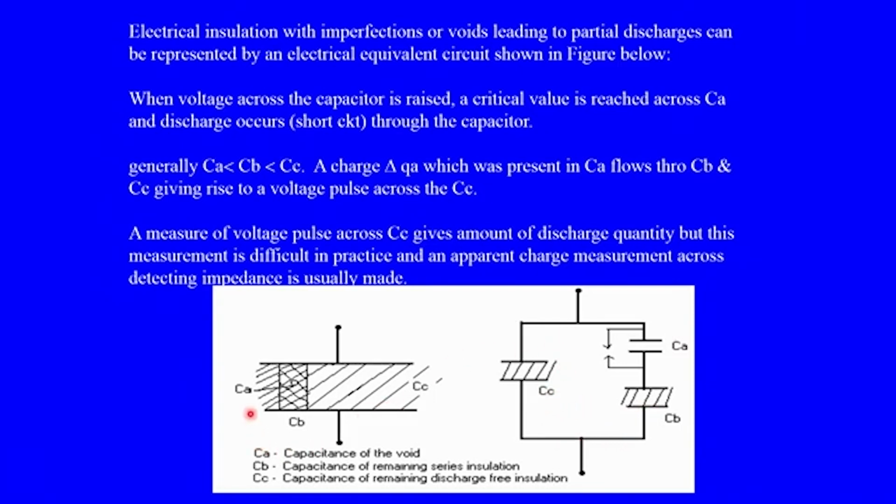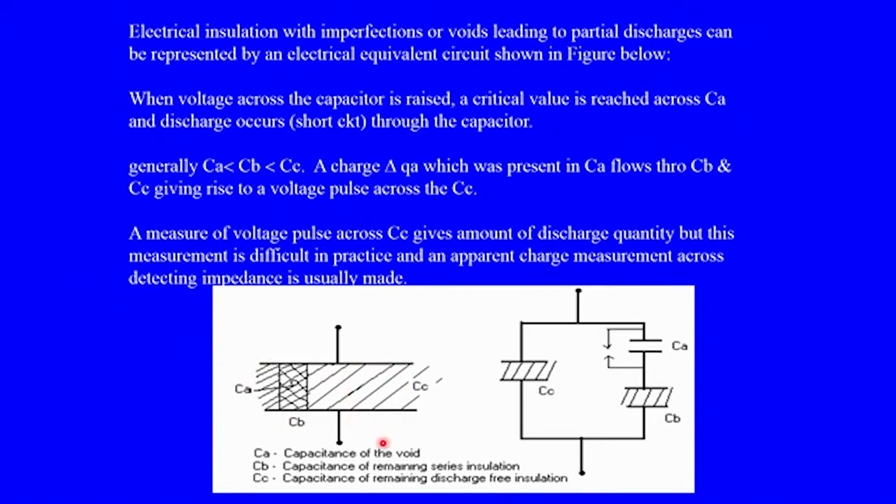If you consider this, CA is a small void where CA is the capacitance of the void, CB is the insulation surrounding the void, and CC is the series insulation of the material. So, this is represented as a simple equivalent circuit.